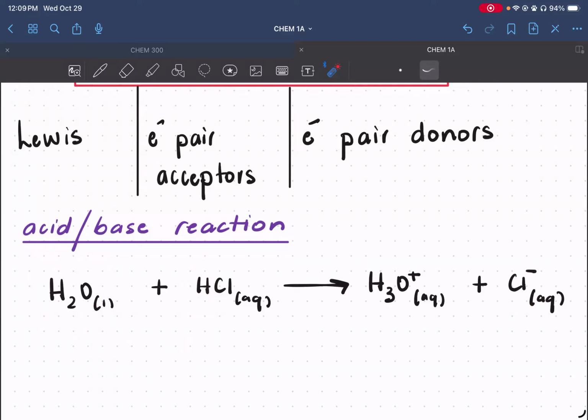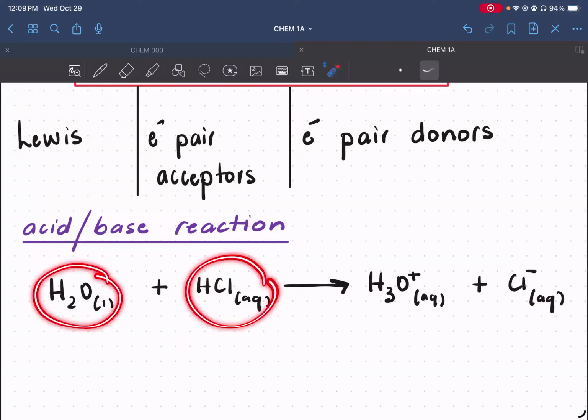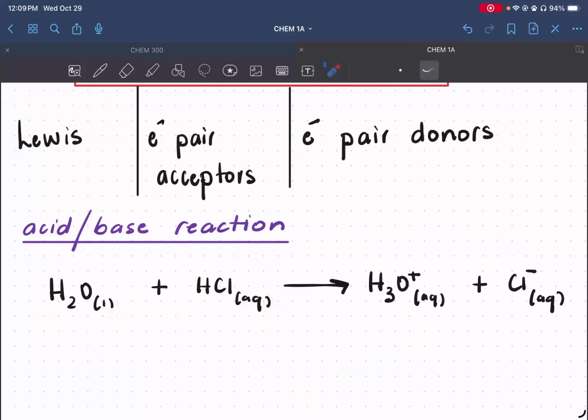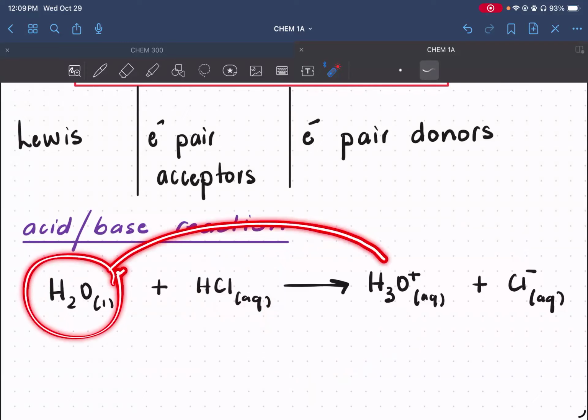So to do that, we're going to look at our reactants on the left, and we're going to see how they end up on the product side and use that relationship to identify acid or base. Starting, for example, with H2O, we can clearly see that H2O becomes H3O+.